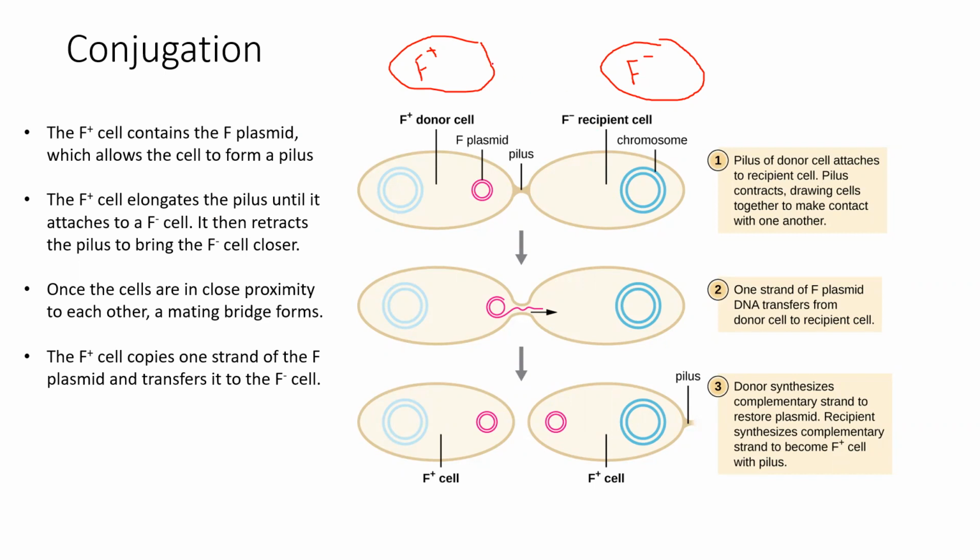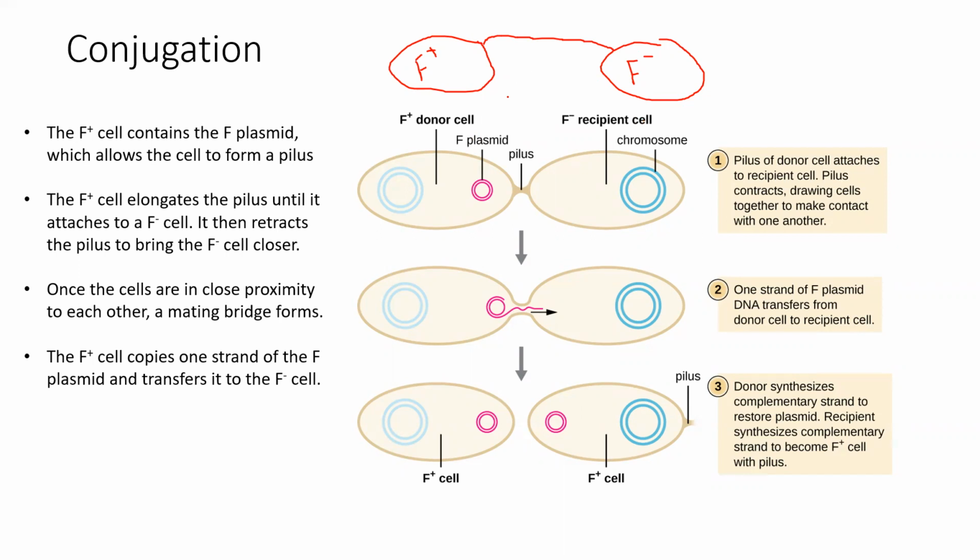So what happens is this F+ donor cell, which is going to donate part of its DNA, uses that F plasmid to make a pilus, and that pilus elongates. I think of this like fishing, like when you're casting your line. It reaches out, and the pilus attaches to a neighboring cell, always F-, which does not have the plasmid.